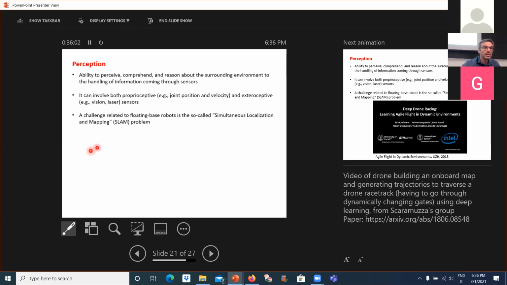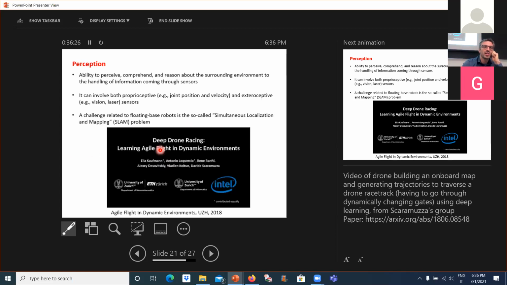And a challenge that I showed you before is simultaneous localization and mapping, which is the SLAM problem: understanding where you are in the map that you just acquired, and how to build up a map and localize yourself inside this map in real time, while the robot is moving.